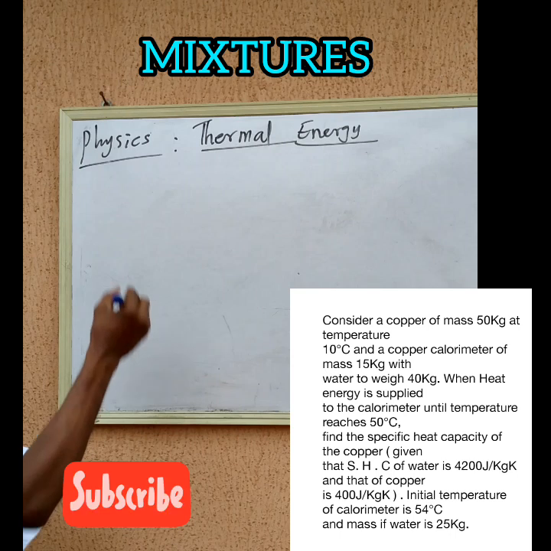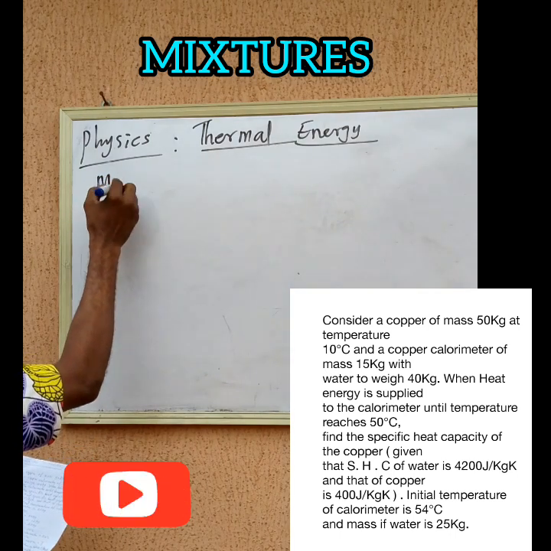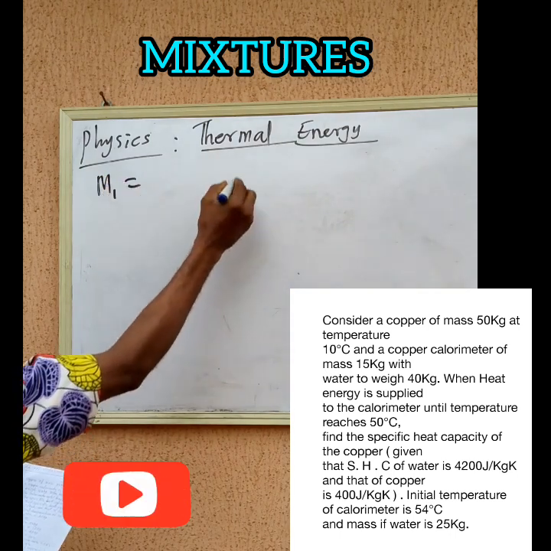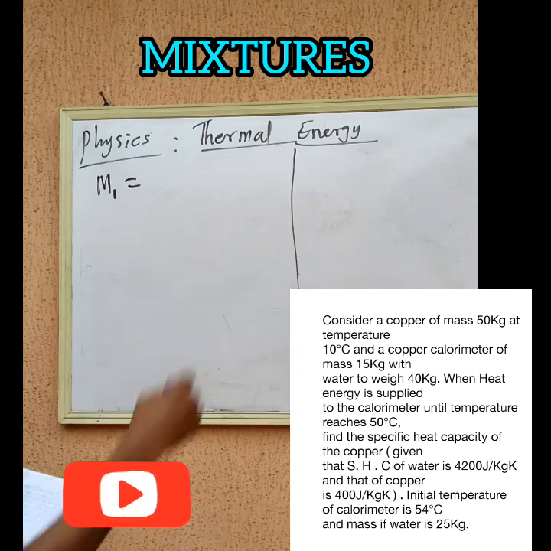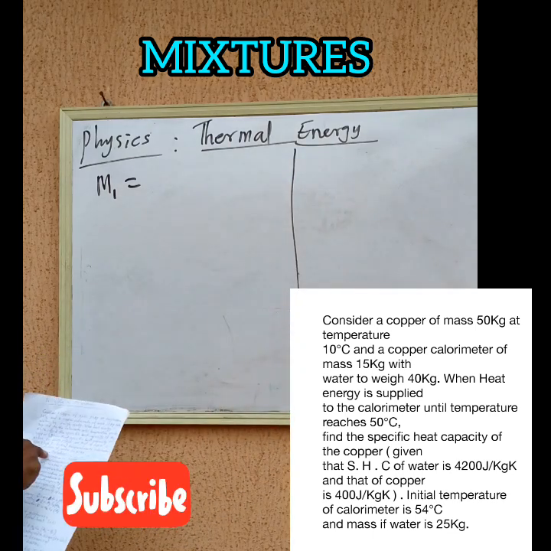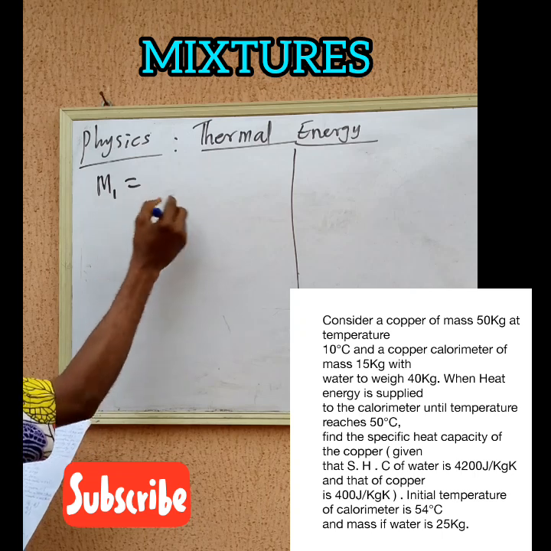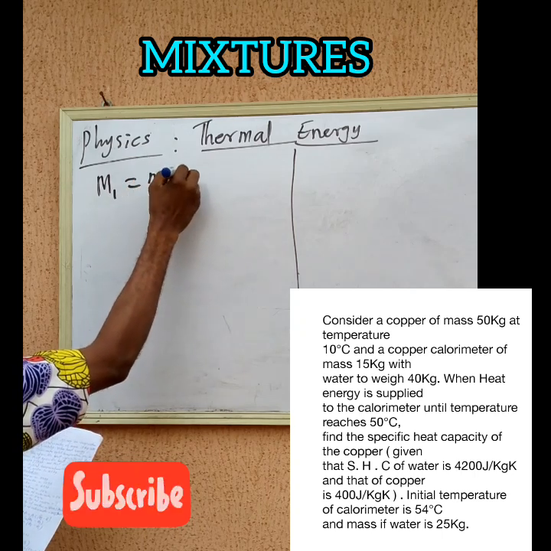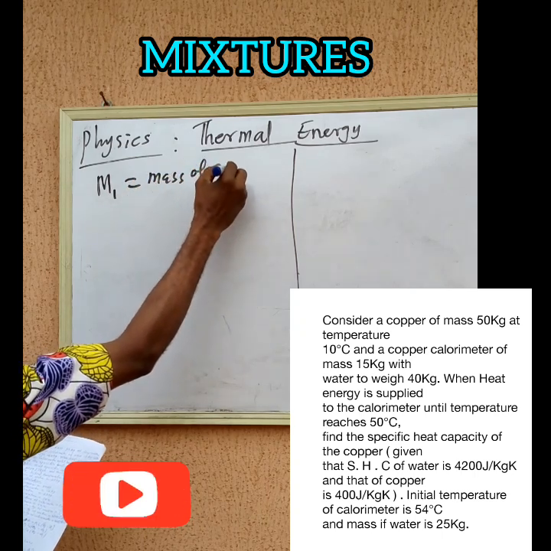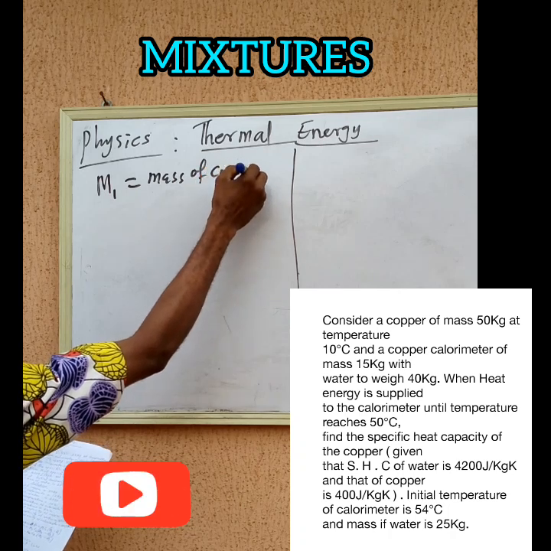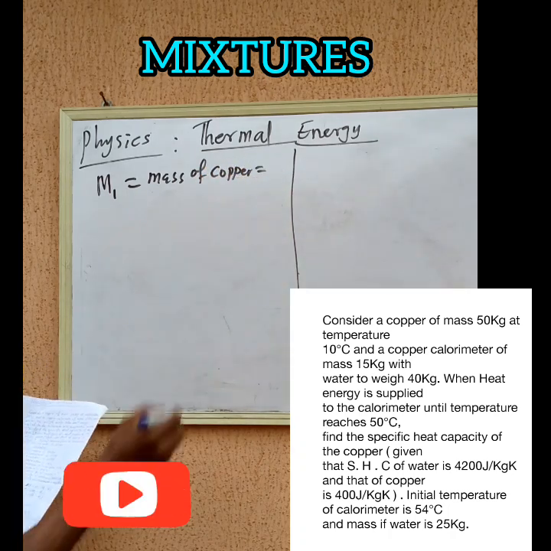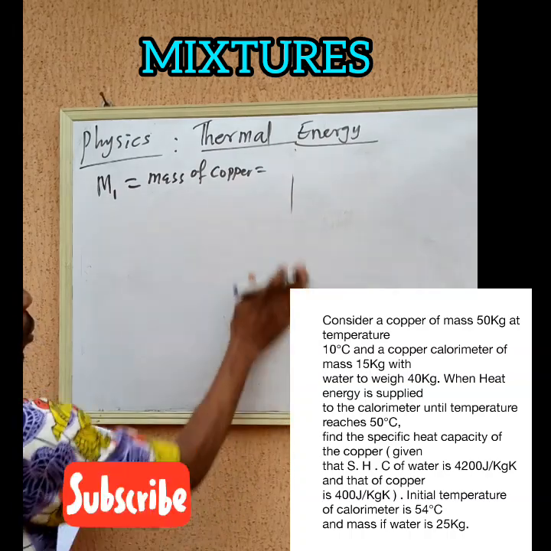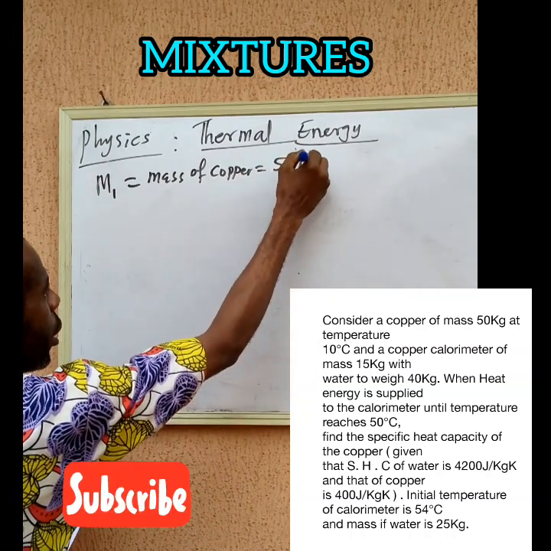We can call it M1. Let's divide the board. M1 is equal to the mass of copper, which is 50 kg.